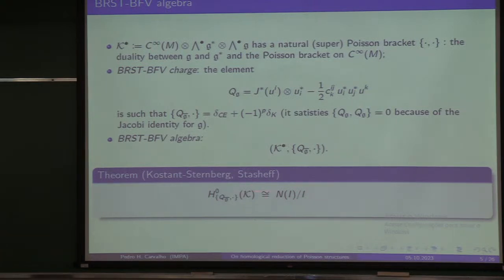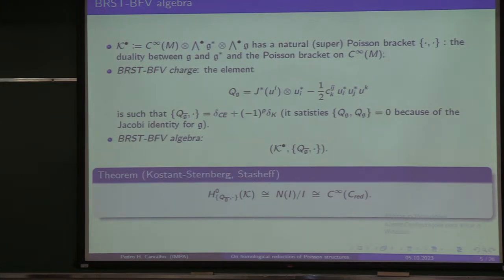So this is what I mean by homological reduction. When you have the correct regularity, this is isomorphic to the reduced space. So you find a complex whose cohomology, here in degree 0, is isomorphic to the functions on the reduced space. So this algebra is a replacement for the reduced space.